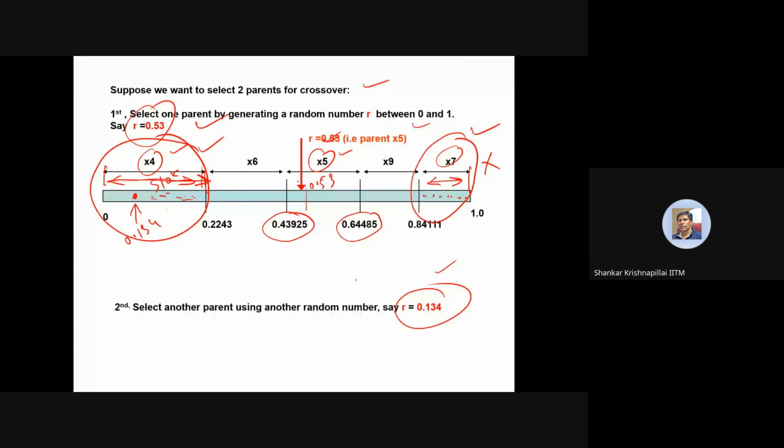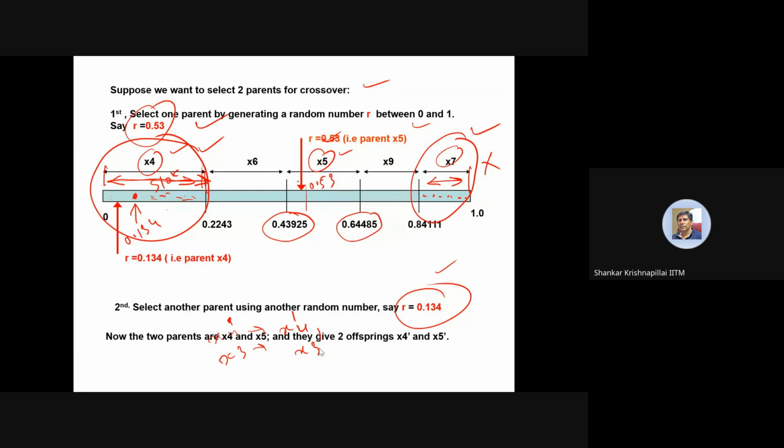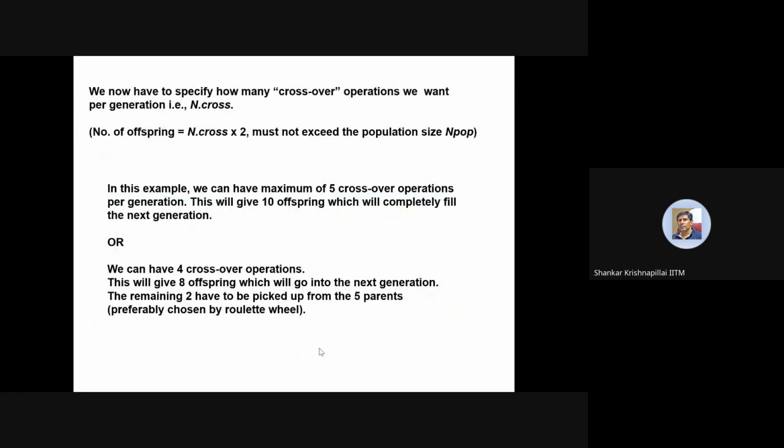So two parents are selected, X4 and X3, and if you do the interpolation between them, you get two offspring, X4 apostrophe, X3 apostrophe. Now we have to specify how many crossover operations we want. That is n cross. You can see that the number of offspring is equal to each crossover operation times 2.